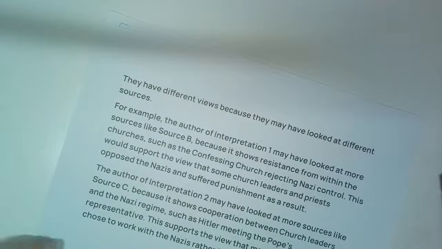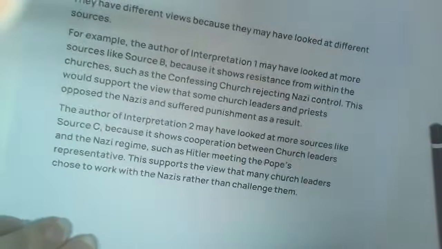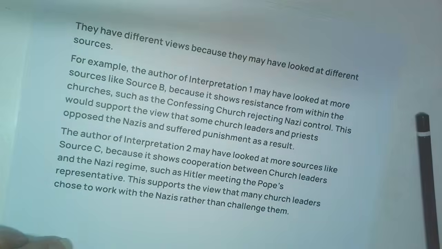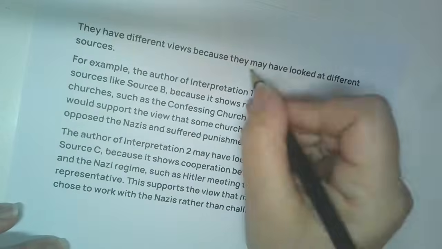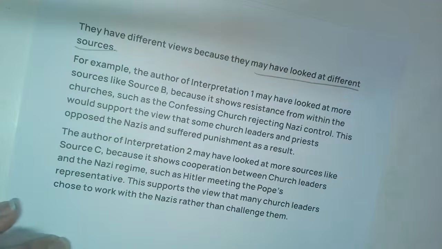So the chances of any historian looking at the same source is extremely unlikely. So my answer to this will always be, let's zoom in on my answer. Here we go. They have looked at different views because they may have looked at different sources. That is always your answer.